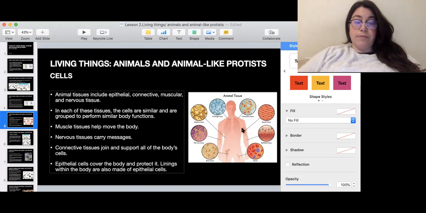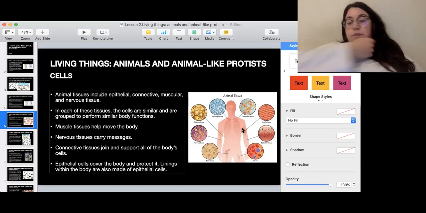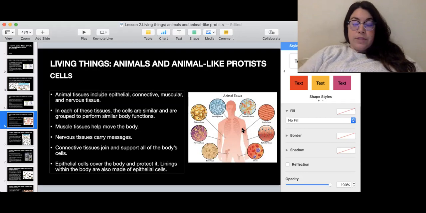Muscle tissues help move the body. Nervous tissue carries messages. And then connective tissue joins and supports all of the body cells. And epithelial tissue or cells cover the body and protect it. Linings within the body are also made of epithelial cells. For example, that's a type of tissue that covers organs to protect them, okay?